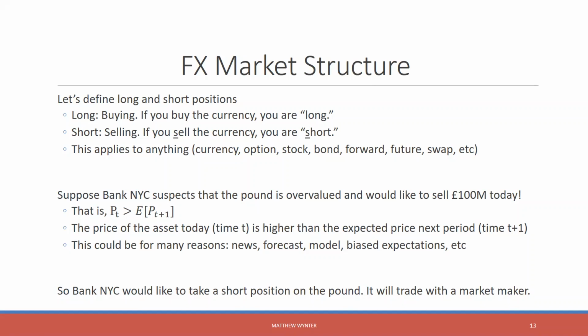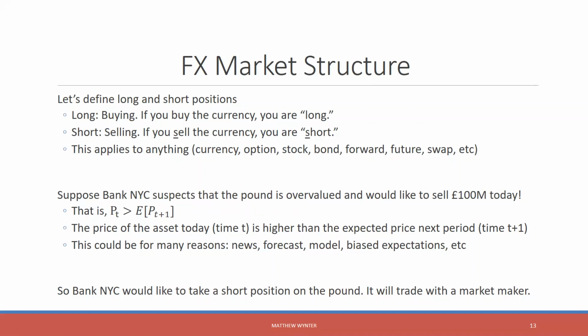So we're taking an expectation, the expected price for tomorrow or a year from now, sometime in the future, it's going to be lower. And this could be for many reasons. It could be that we have some news or some forecast or a model. We could have biased expectations, but for whatever the reason, we would like to take a short position on the pound. How are we going to do that?